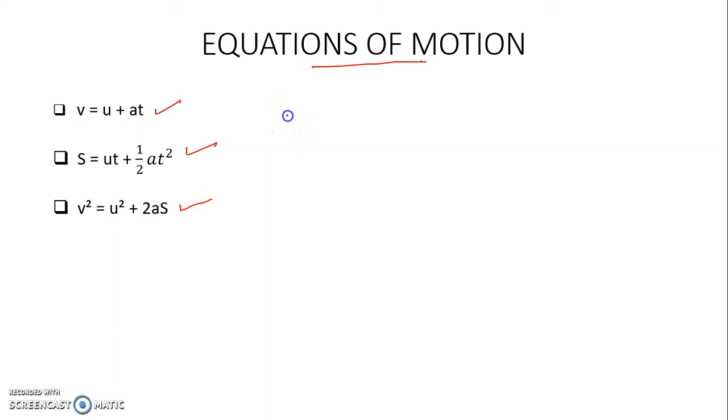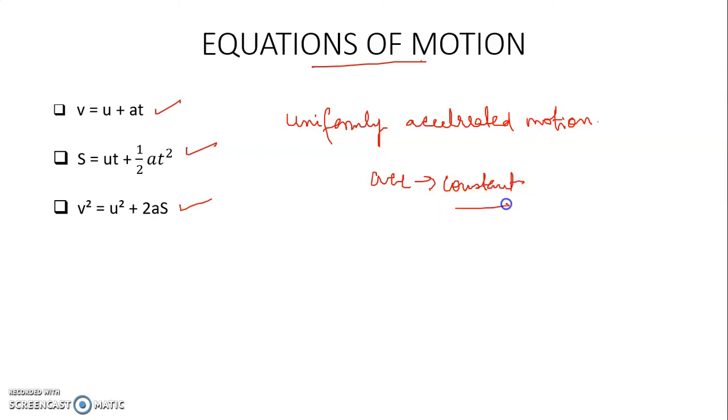That is why we can also call it uniformly accelerated motion. If the acceleration is constant, it is not changing with time, then in that case we can use these 3 equations.